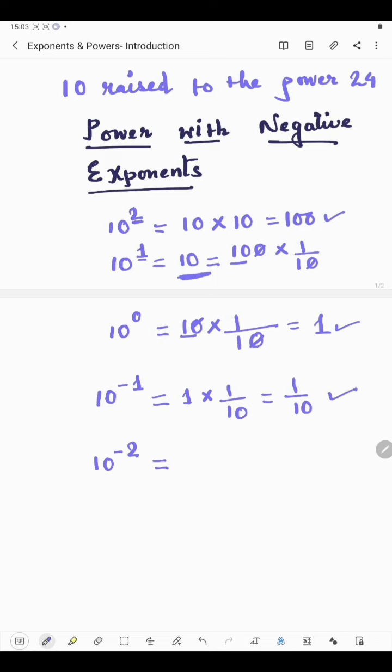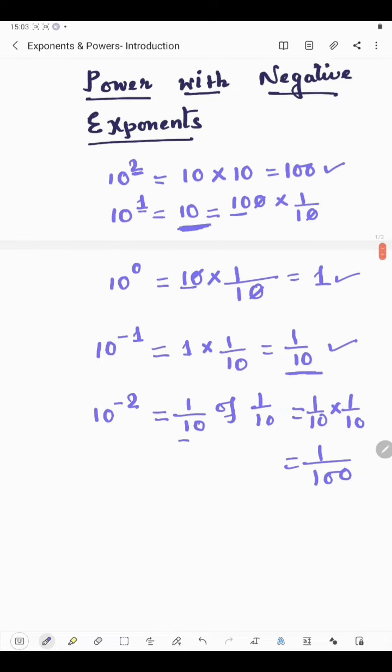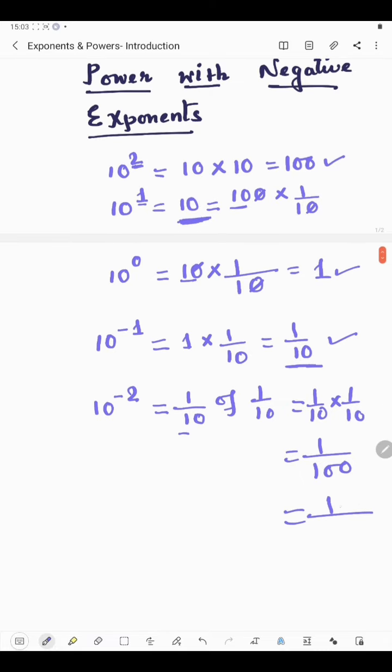The previous value was 1 by 10, and every time we are multiplying by 1/10. So 1 by 10 into 1 by 10 is 1 by 100. Now 1 by 100 can be written as 1 by 10 square, okay.